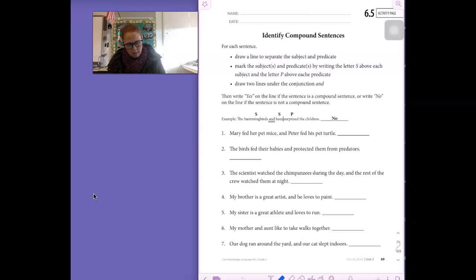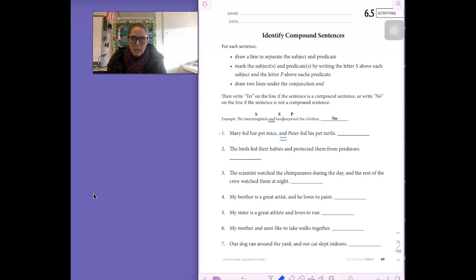Number one, Mary fed her pet mice, and Peter fed his pet turtle. These are two separate ideas. We could say Mary fed her pet mice, and it's a complete thought. We could also say Peter fed his pet turtle. That's also a complete thought. Let's double underline and.